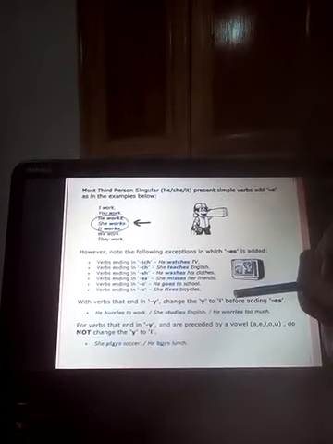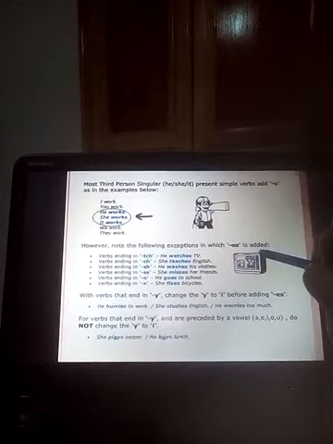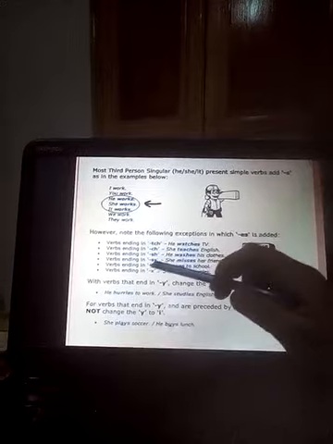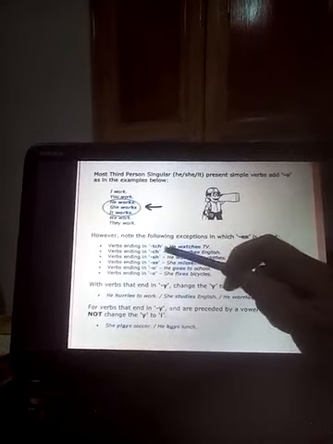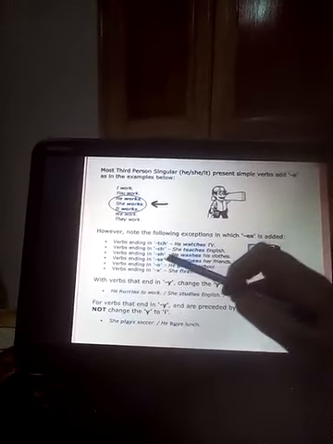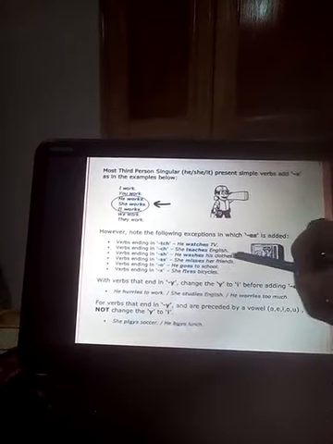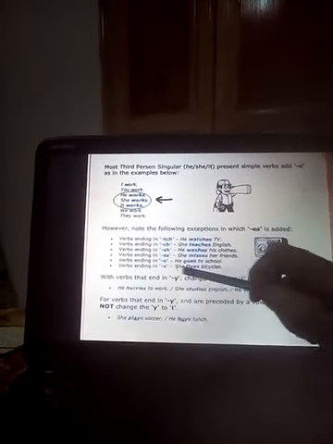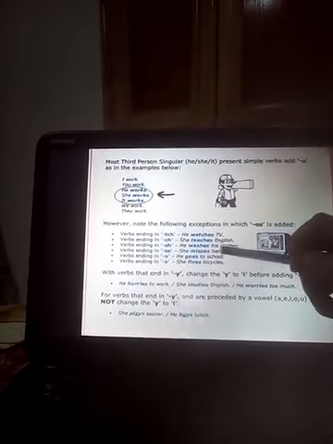However, in the following exceptions, in which es is added, like the verbs that end with ch, sh, double s, o, x, he watches, es. She watches, es. He washes, es. She misses her friends. He goes to school. She fixes bicycles. So, when we have ch, sh, double s, o, x, we add to the verb es.